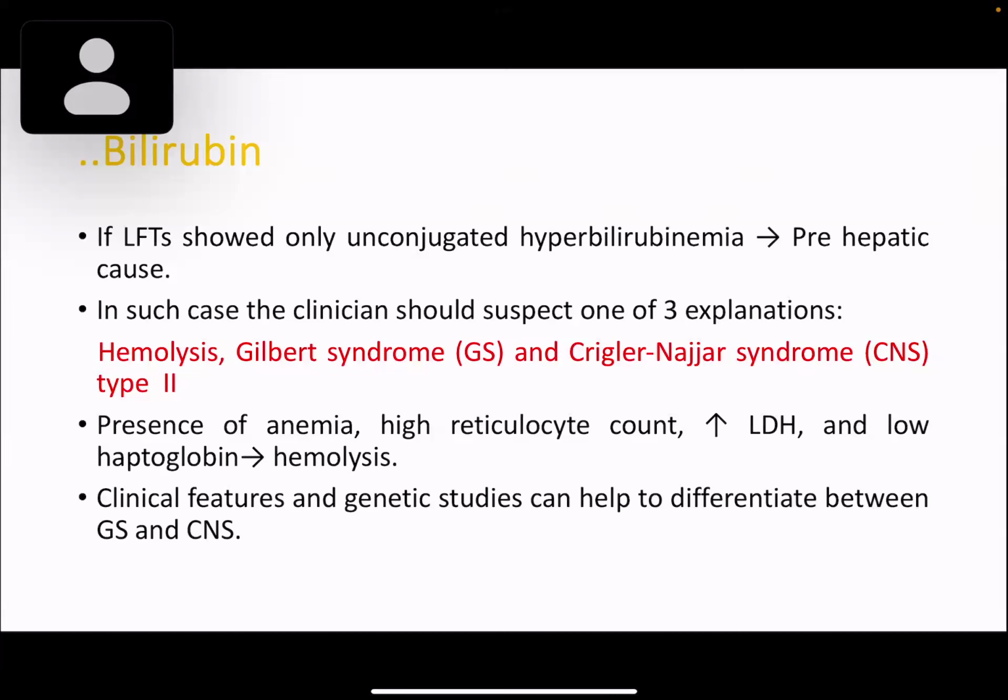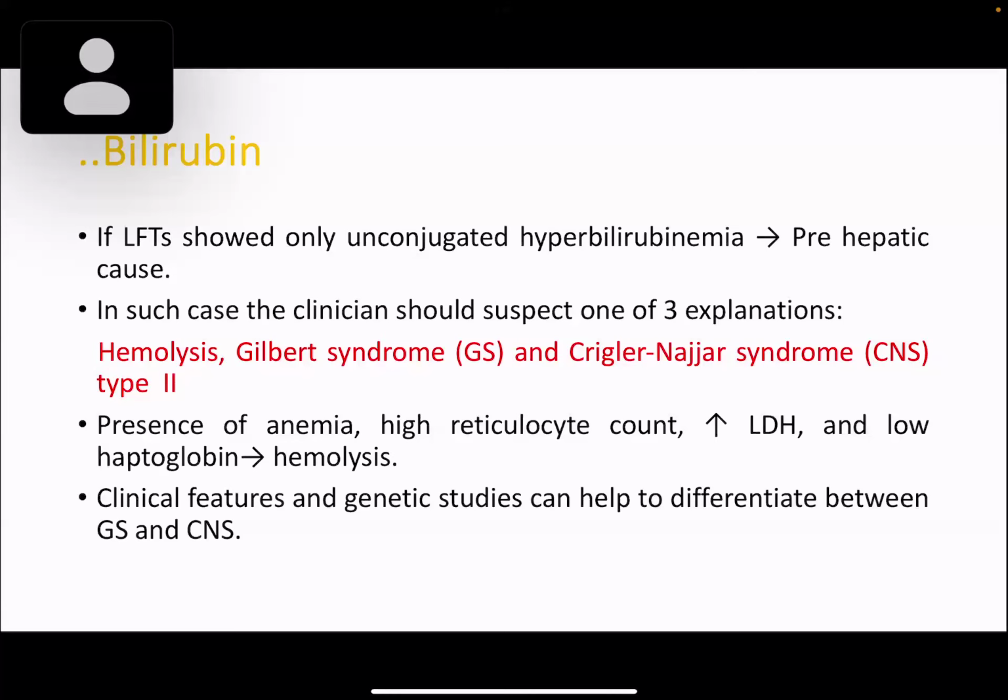In terms of prevalence, Gilbert syndrome is more common than Crigler-Najjar syndrome, and usually it leads to mild jaundice. It can lead to mild recurrent attacks of jaundice, especially when exposed to infections or stressful situations.